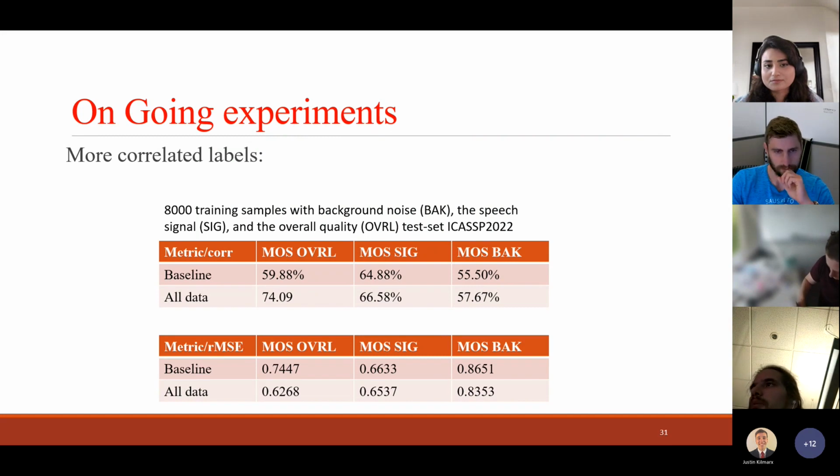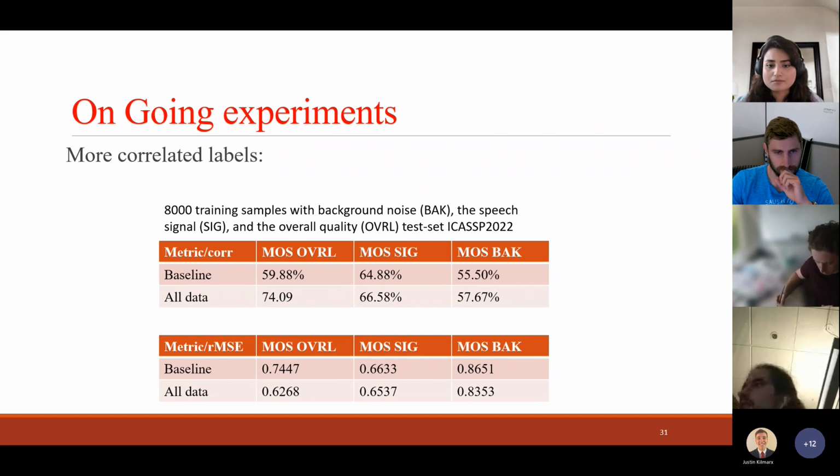And what you can see in this table here is that, despite the fact that it only contains 8,000 samples that actually have all 3 MOS labels, when you train on the entire data set, even though it has mostly only MOS labels, you see a small improvement in the SIG and BAK performance.